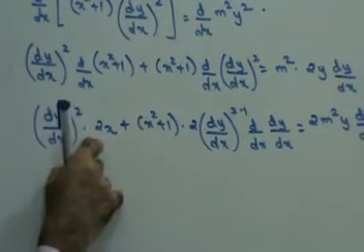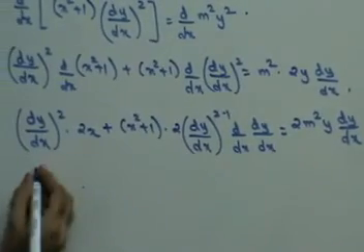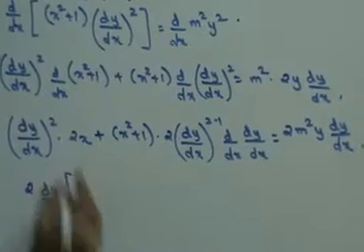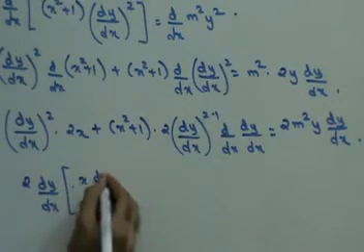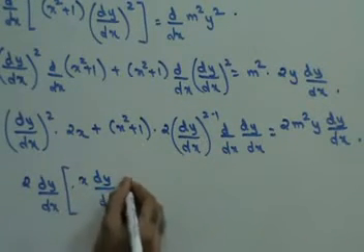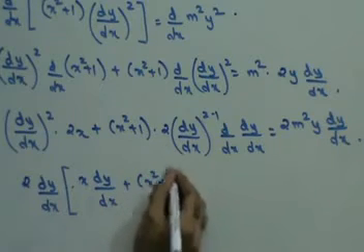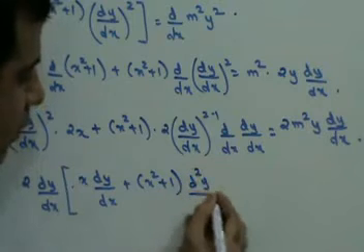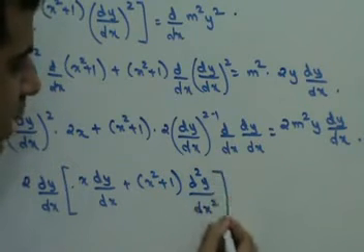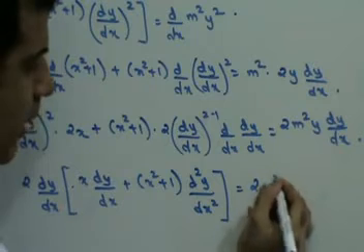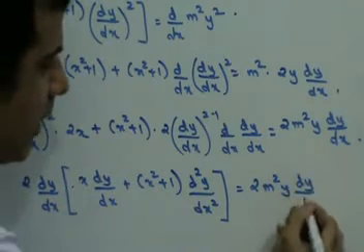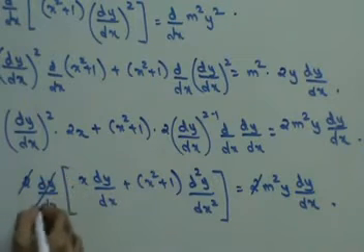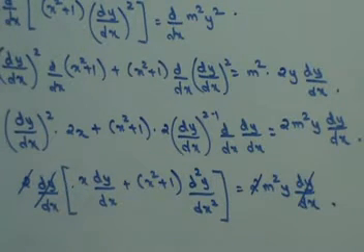Here I could take 2 common, dy by dx common. So if I take 2 common, dy by dx common, you will have x dy by dx remaining from here plus x square plus 1. 2 dy by dx is gone, d into d is d square y upon dx square is equal to 2m square y dy by dx. 2 and 2 is gone, dy by dx and dy by dx is gone.